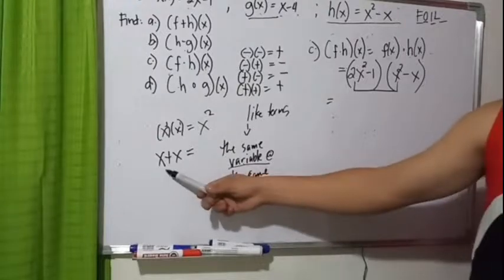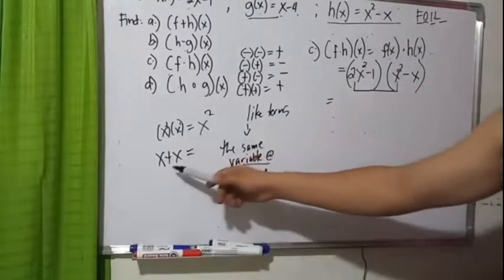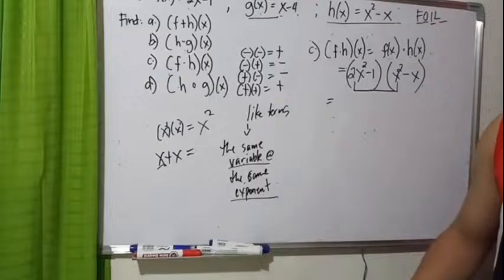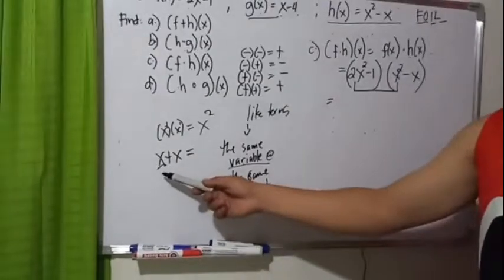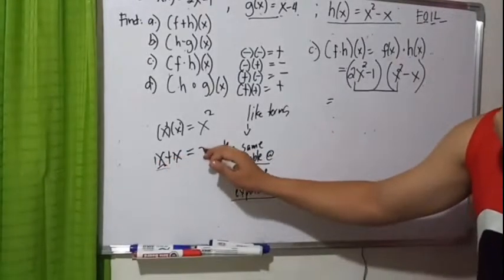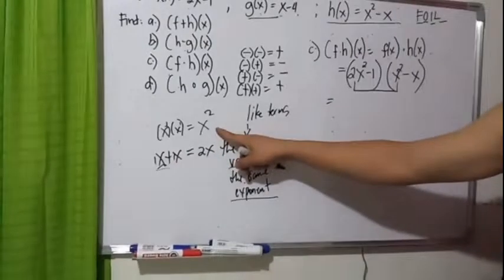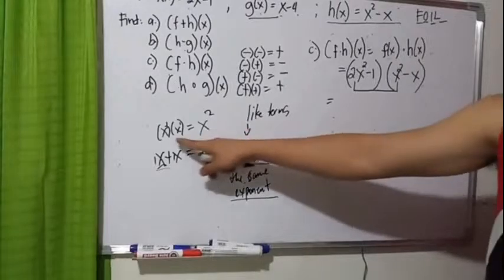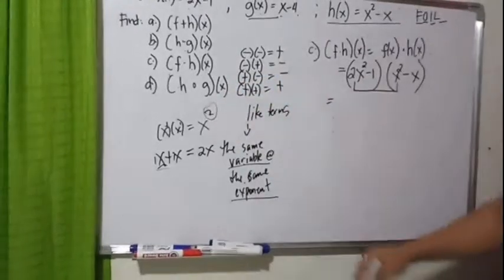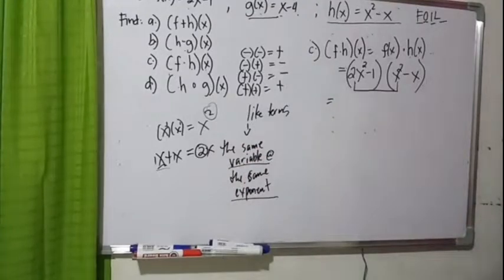So sa addition, i-add natin yung numerical coefficient, and kopyahin lang natin yung variable and exponent. So make sure dapat like terms yung ina-add natin. So that is 1 plus 1, so that is 2x. Ito yung pagkakaiba ng addition and multiplication. So when you multiply variable, you need to add the exponent, so magiging 2. Then pag addition, i-add lang natin yung numerical coefficient.